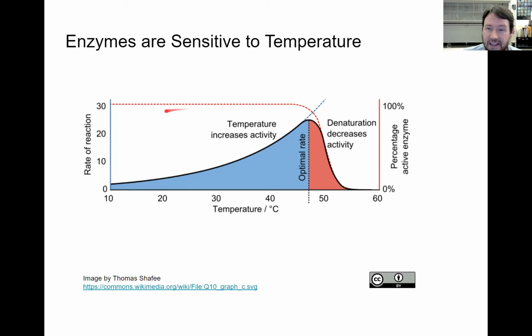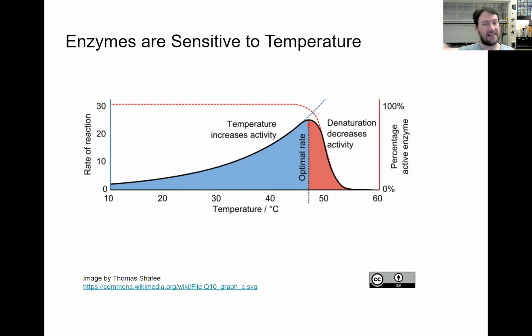So the percentage of enzyme that is still functional starts to decrease, and it happens pretty drastically. It's a pretty abrupt cutoff from, oh, the proteins are folded just fine to, oh yeah, those proteins are totally denatured. And so usually there's an optimal temperature for any given enzyme.